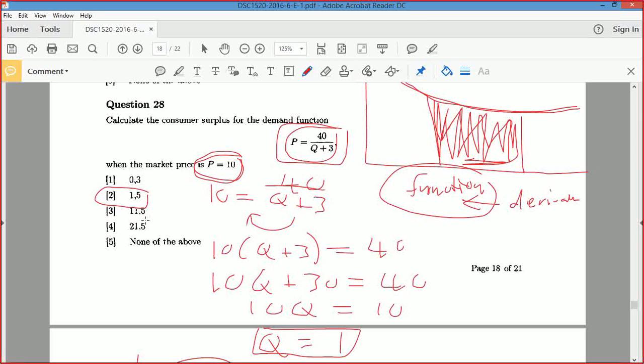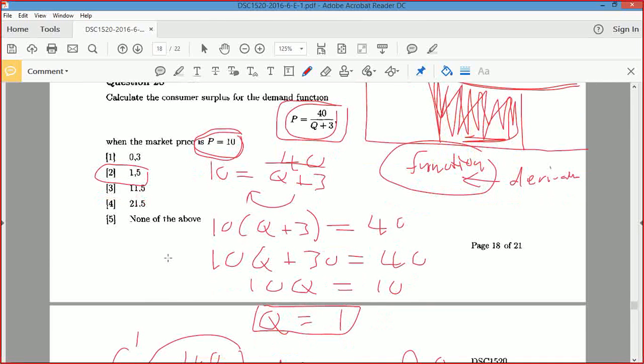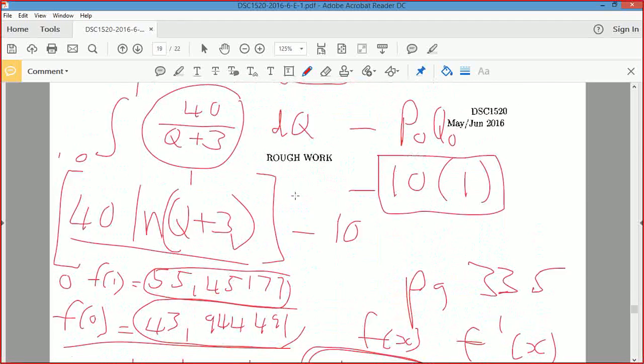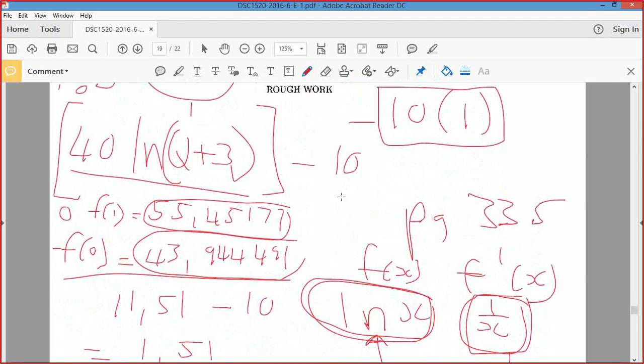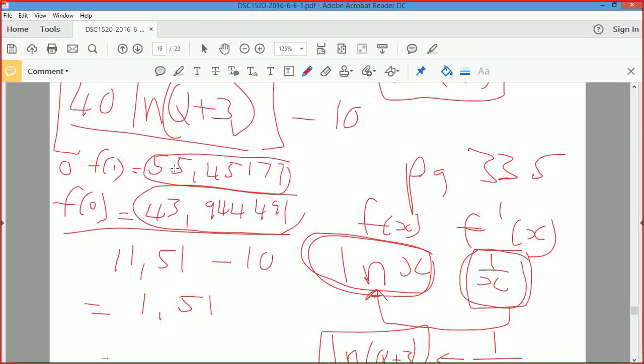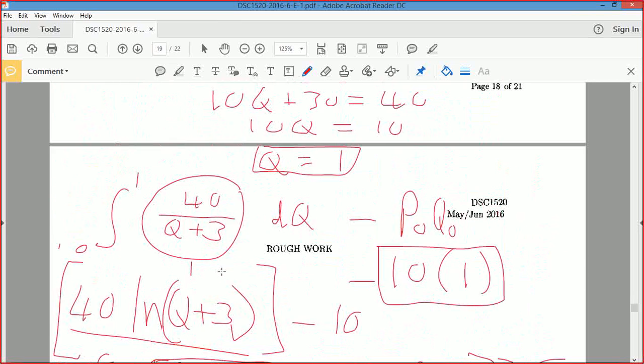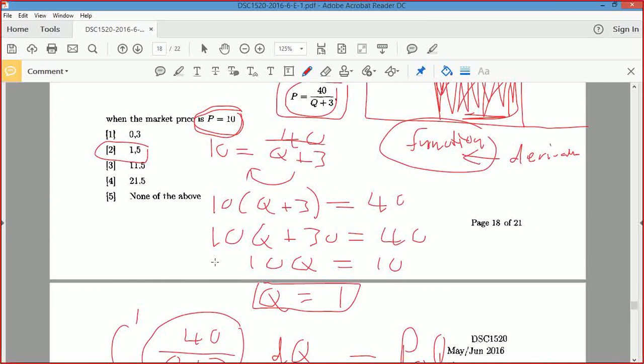Okay. Right, because we subtracted the quantity. Quantity here was 10 times 1. Yes. Okay, so 10 times 1, I had the 55.45 minus the 43 less the 10, 1.51. Yeah, that's okay. Okay, good.